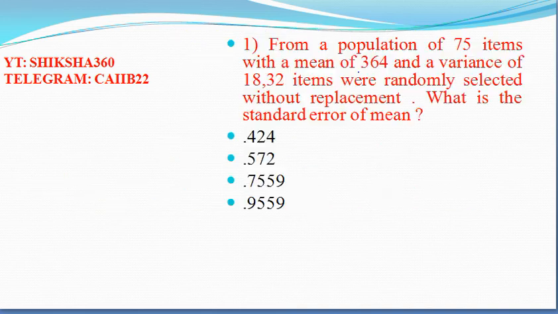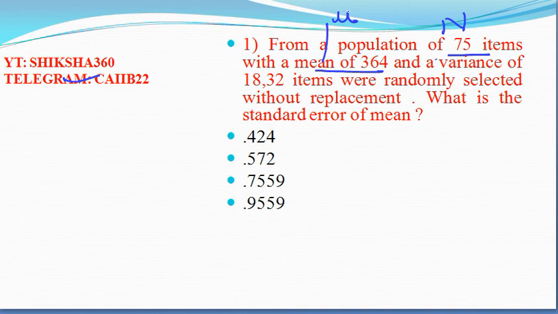Let's start. The first question on your screens says: from a population of 75 items with the mean of, basically when there is the word population, we have capital N, and the mean in the case of population is mu, and a variance of 18.